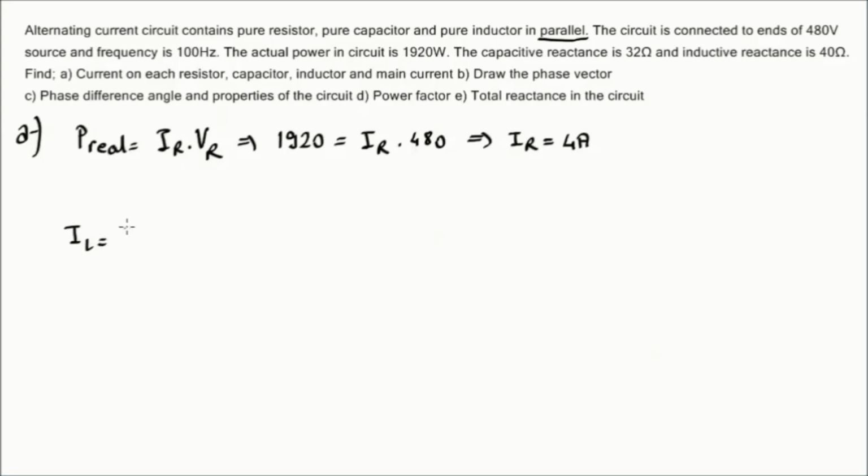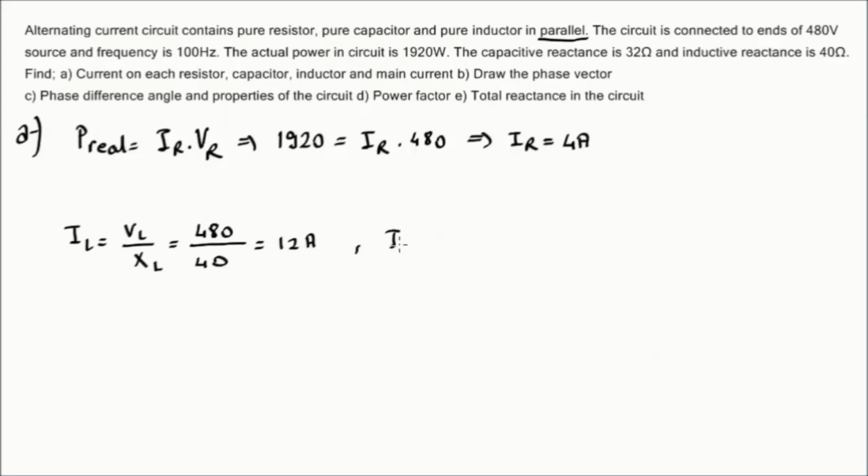IL equals VL over XL. VL equals 480, XL equals 40. So the result is going to be 12 ampere.